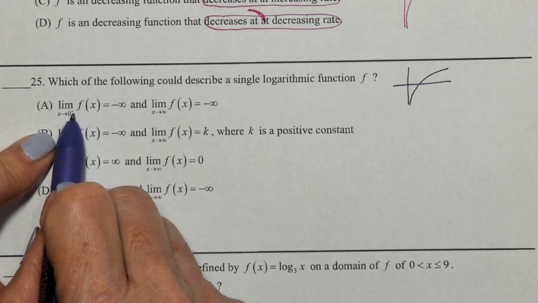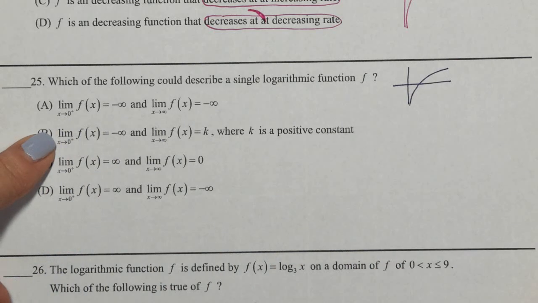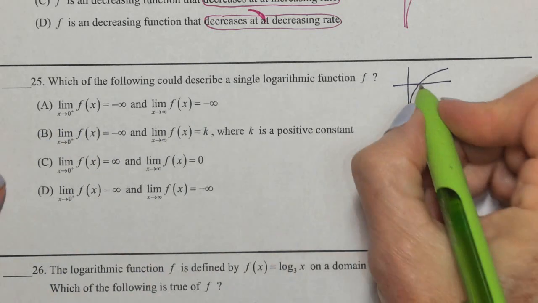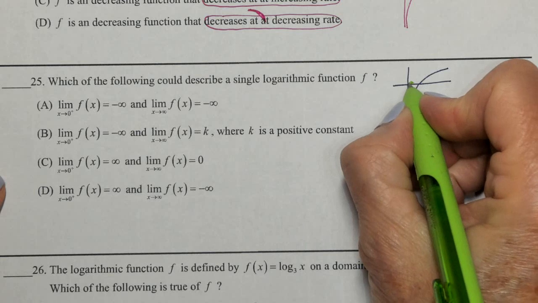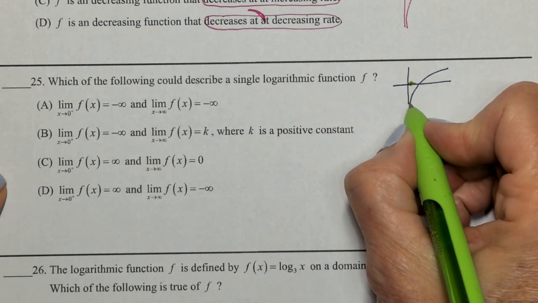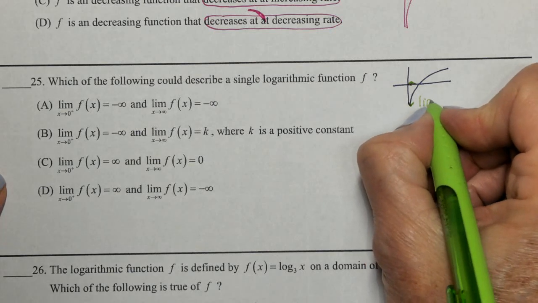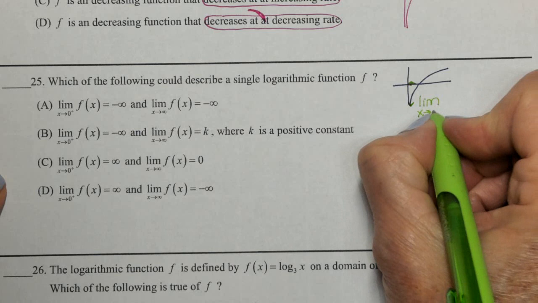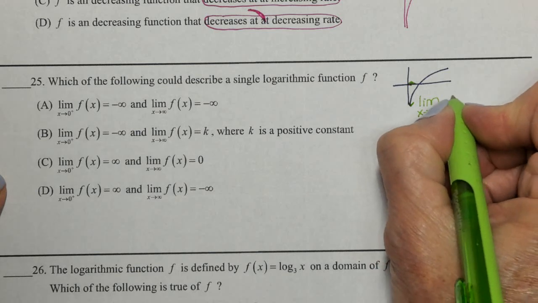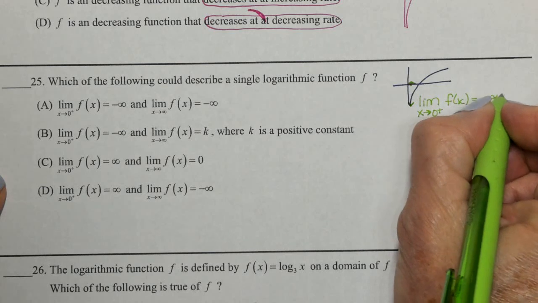So as x approaches 0 from the positive side, where is our function? Our function is down here at negative infinity. So this one tells me that as x approaches 0 from the positive side, f of x is approaching negative infinity.